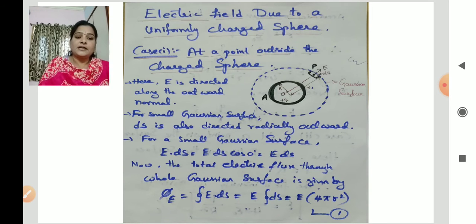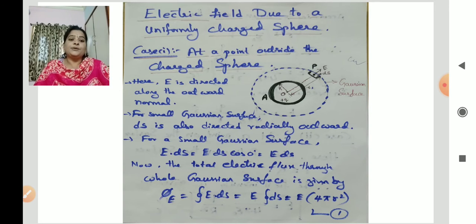So the electric flux phi E is equal to the integral of E dot ds, that is equal to E, and E is taken out because the electric field intensity is uniform. There is no change in the electric field intensity at any point. Therefore, the electric field intensity is taken out and we are just integrating ds.